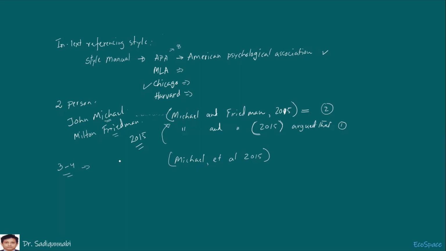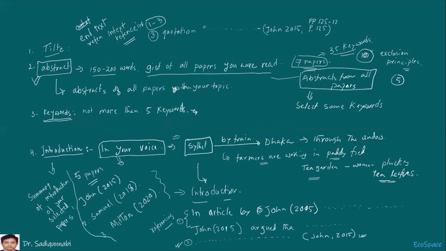But the page number should be there. Why is the page number needed? Do you have any idea why the page number is needed? The idea is, in the third, the page number is there because you are just cutting and pasting his voice, or his narration. That's why you cannot change anything. If you use inverted commas, then you cannot change anything. So you must put the page number here.